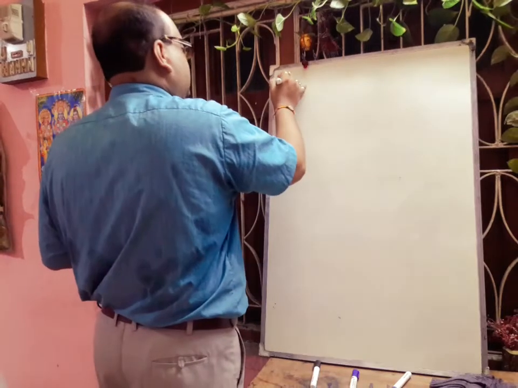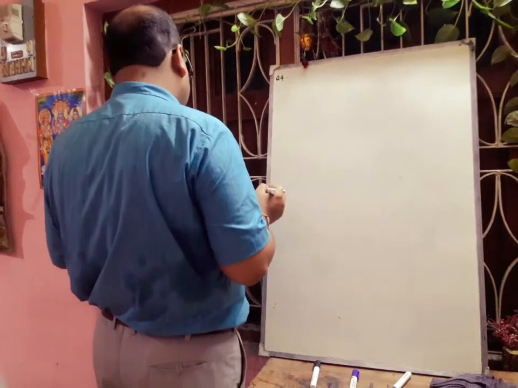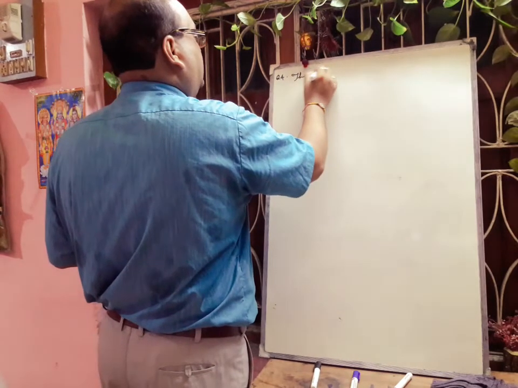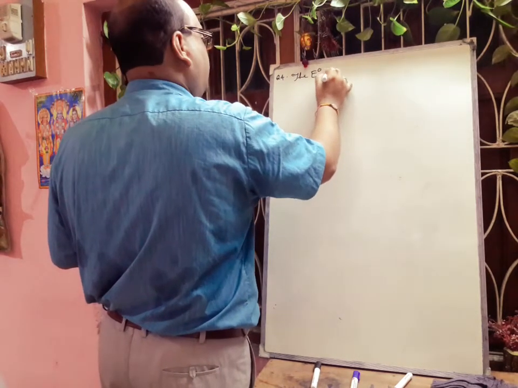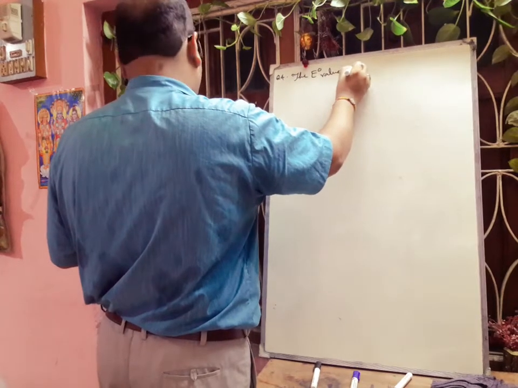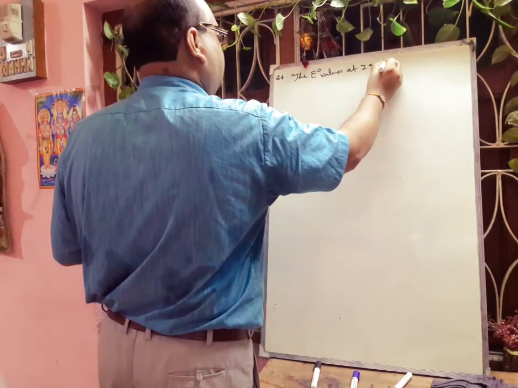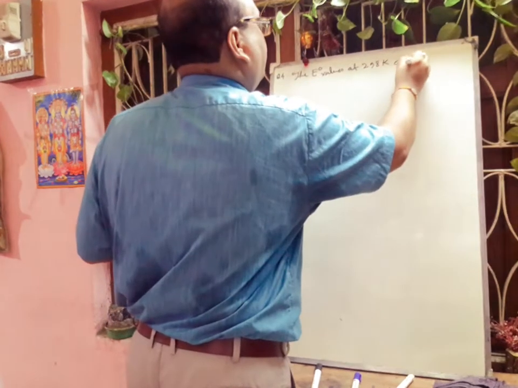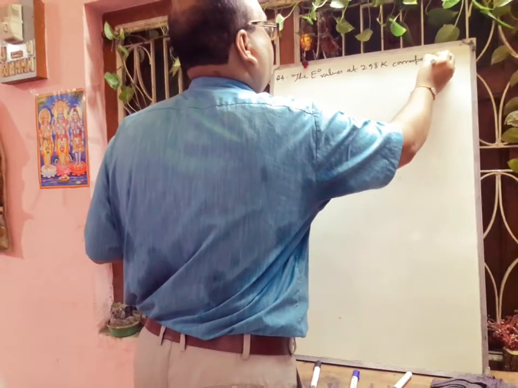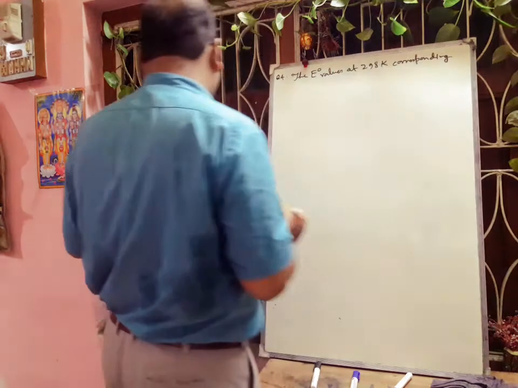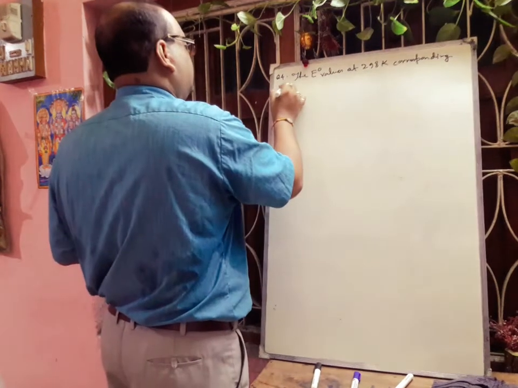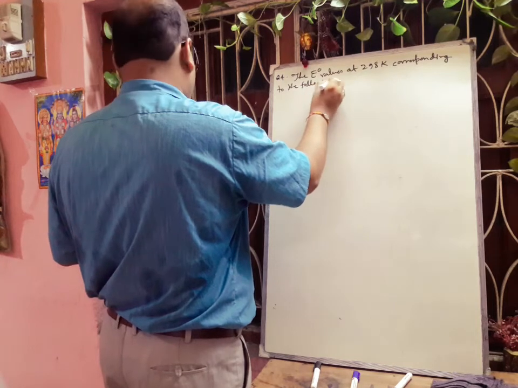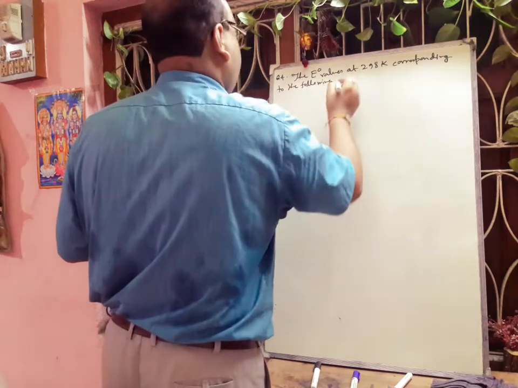This problem is given as the E0 values at 298 Kelvin corresponding to the following two reduction electrode processes.